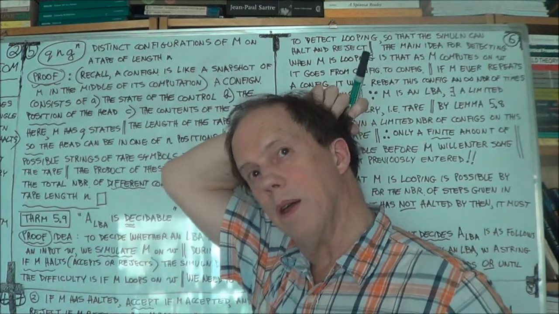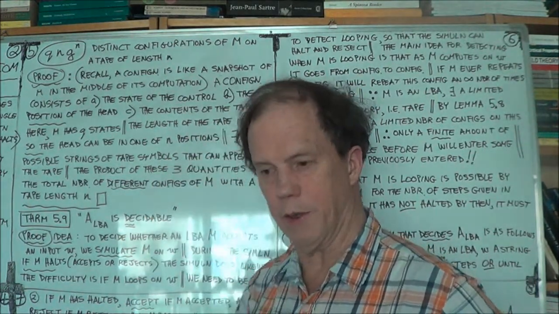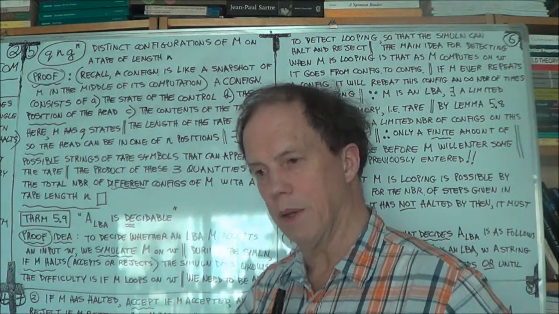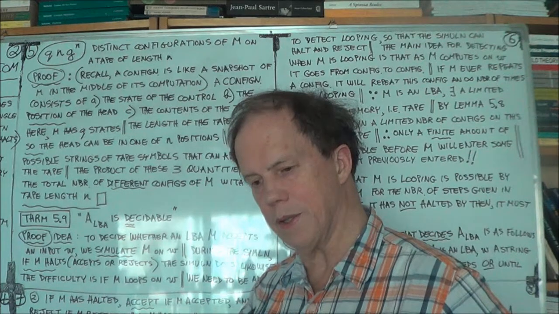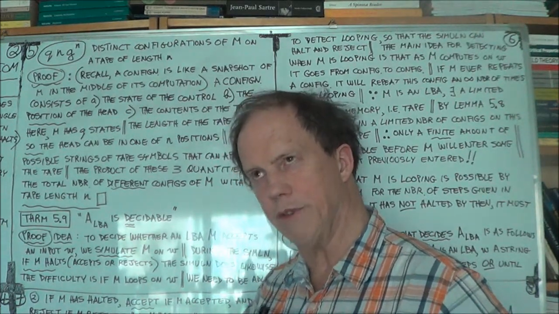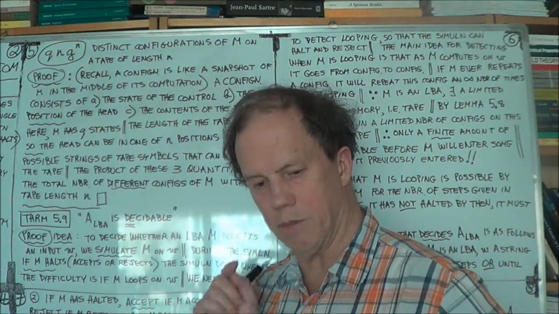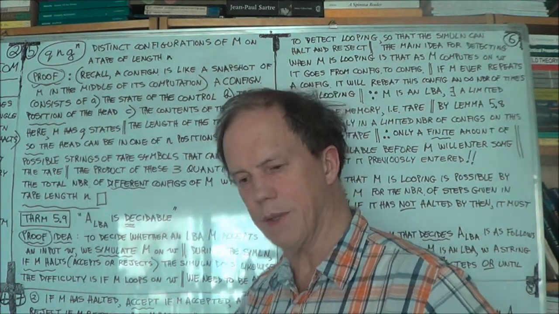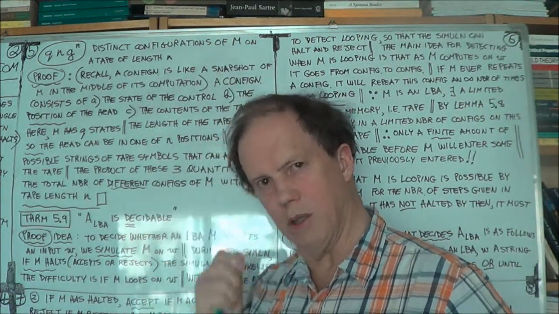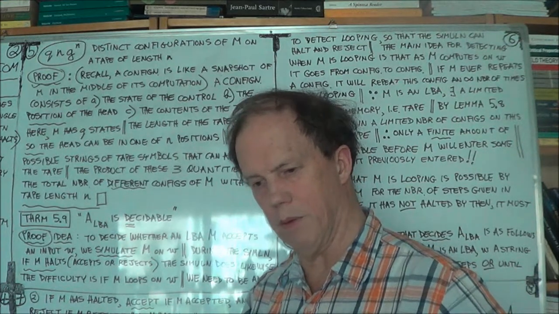Okay. And then the third thing you need to specify a configuration is the contents of the tape. Well, if it's n squares long and you have little g different symbols from your tape alphabet that you could put into each of those squares, well, you can fill one square in little g different ways, okay? And they're all independent.